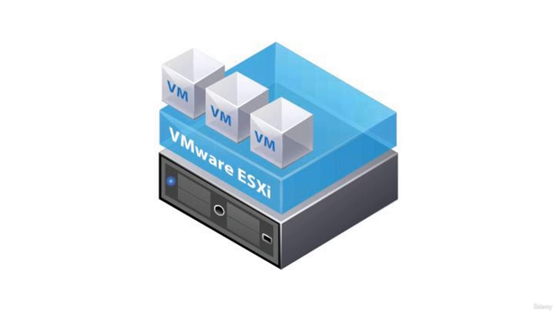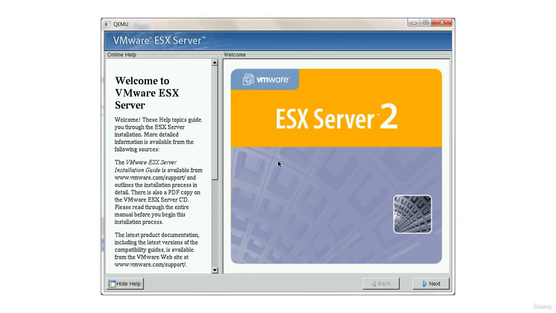VMFS 1 was used for ESX Server 1.x. This version of VMware VMFS didn't support the clustering feature and was used only on one server at a time. Concurrent access by multiple servers just couldn't be done. VMFS 2 was used on ESX Server 2.x and forward, and sometimes on ESX 3.x. But you've got to remember that VMFS 2 didn't have a structure of directories.